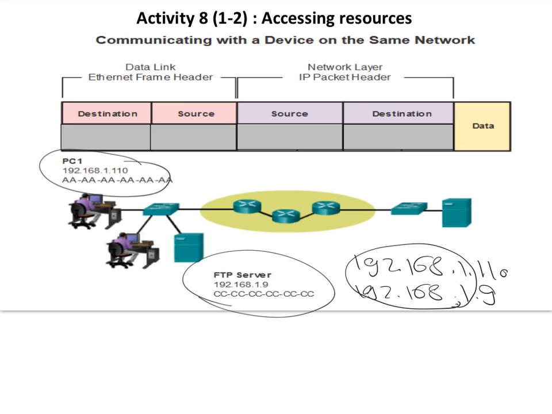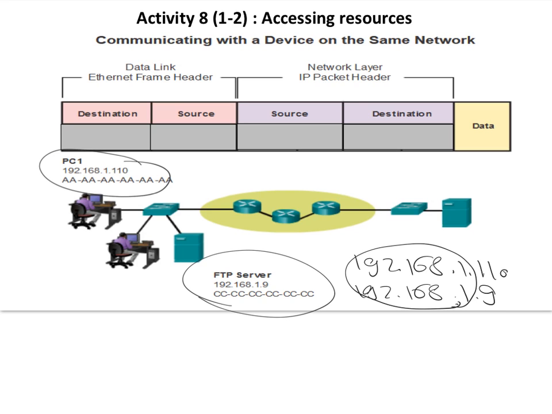Okay? So what happens if it doesn't know the physical address? It needs to send a message. Okay, so now I am in a class and I figure out that the person I want to talk to exists in that class somehow. But I don't know which person. So I will announce. I will send what we call an ARP request.